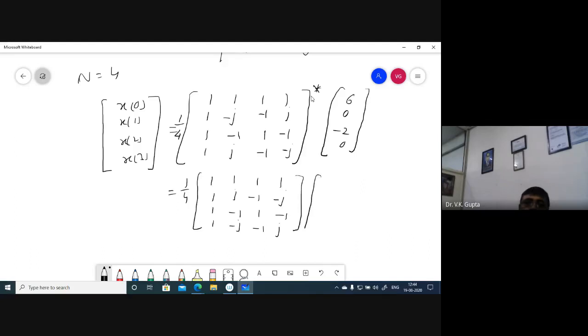Then 6, 0, -2, 0. So 1 upon 4, what are the values? 6 plus 0 minus 2 plus 0, 6 minus 2 is 4.